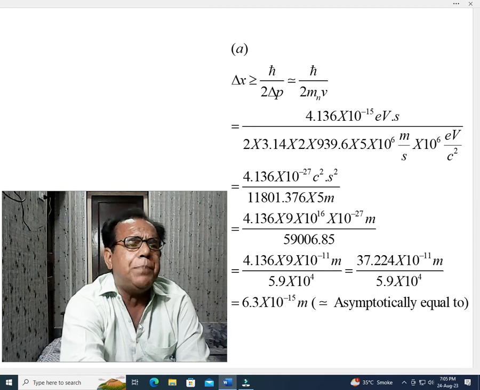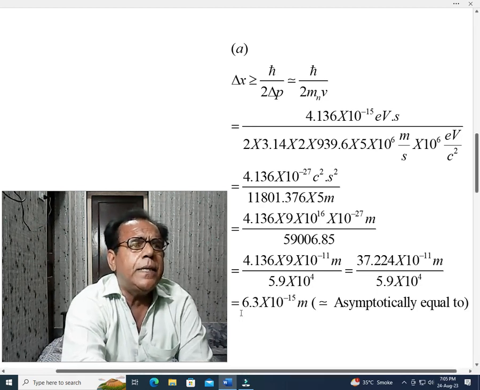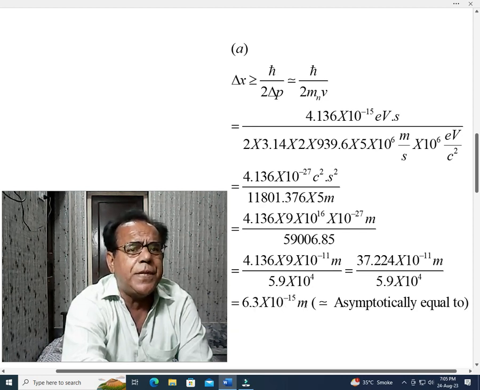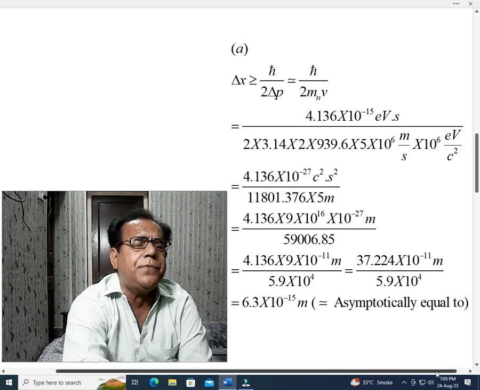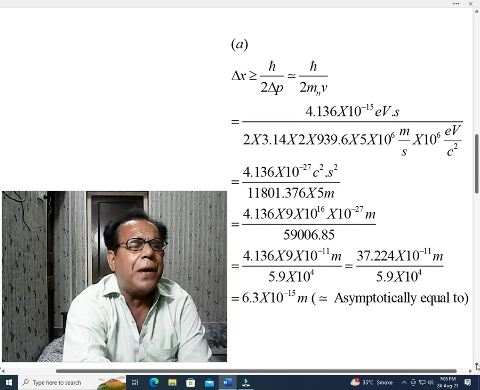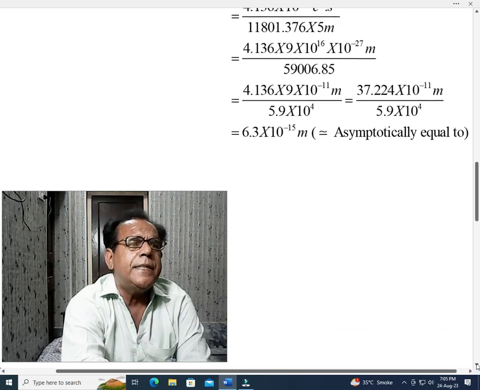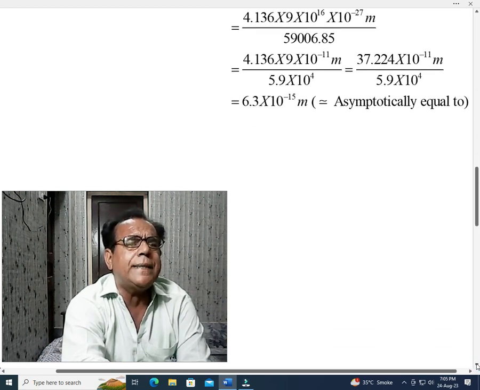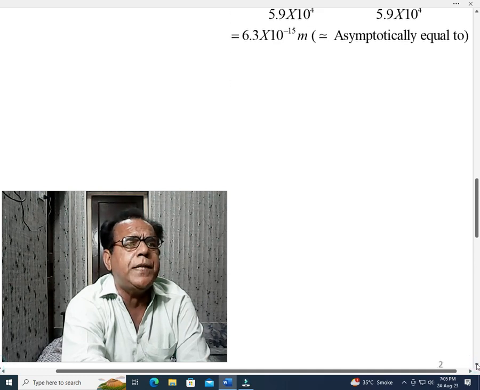So after simplification, the uncertainty in position is equal to 6.3 into 10 raised to the power minus 15 meter, because 10 raised to the power minus 15 is femto, so we can also call it 6.3 femtometer.